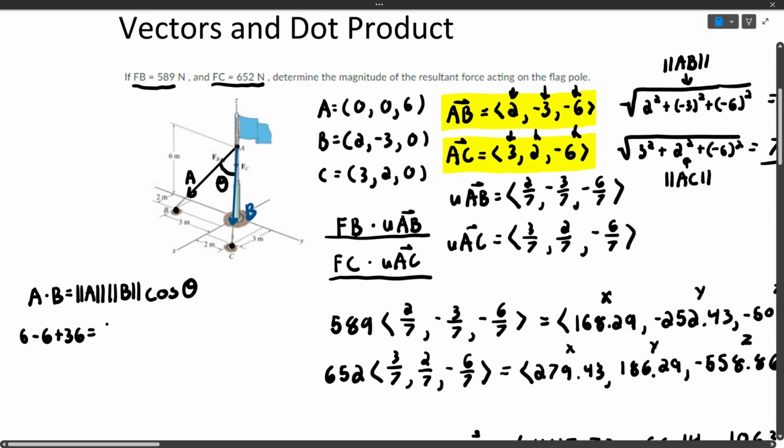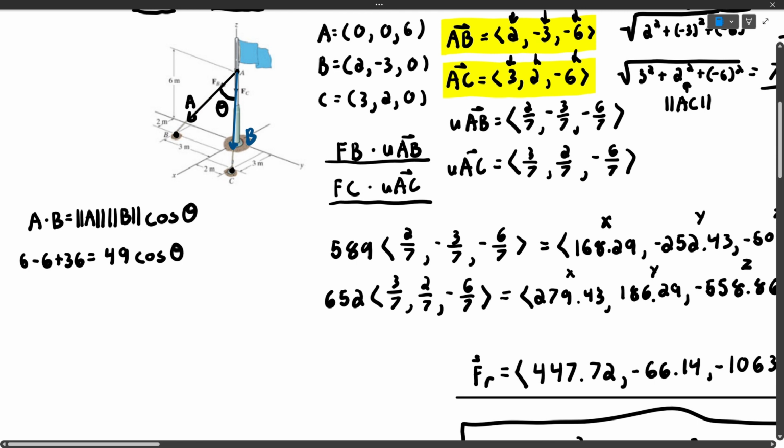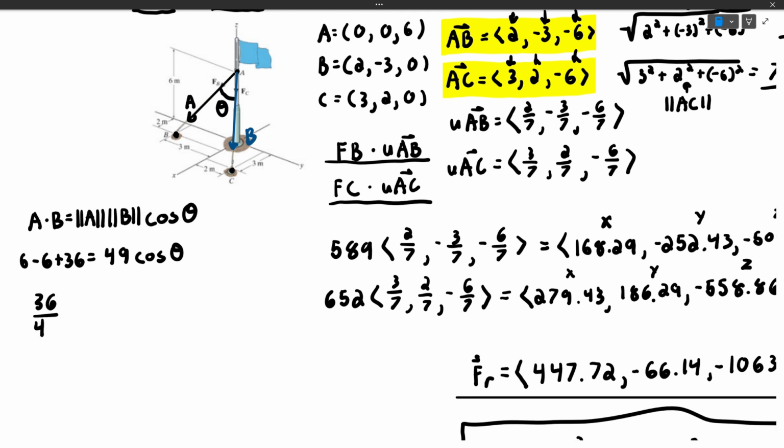So we have 49 over here, times cosine theta. Now all we have to do is divide both sides by 49, so we get 36 over 49 equals cosine theta. And in order to solve for theta, all you have to do is take the cosine inverse. So the cosine inverse of that comes out to 42.79 degrees.